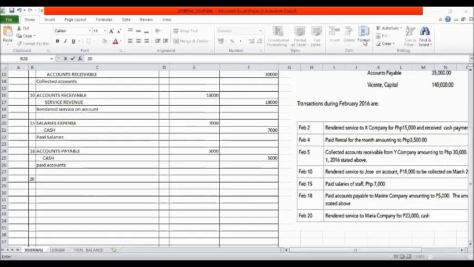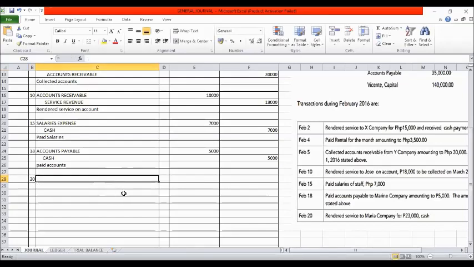Sabi niya, rendered service to Maria Company for 23,000. Cash, sabi niya yan. Yes, Jerry, do you want to try this one? Opo, sir. Service revenue po, 23,000.